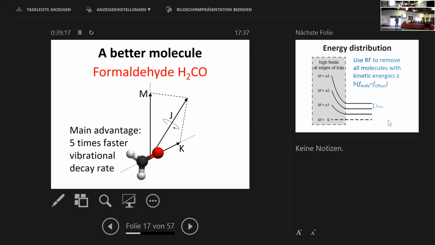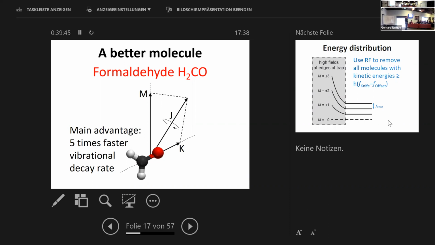The angular momentum quantum numbers are similar, but the main advantage is that it has a 5 times faster vibrational decay rate. So instead of 100 milliseconds or so, it's 20 milliseconds. So everything is faster. Please see that the lifetime was not so incredibly large. It was maybe 10 seconds or so.